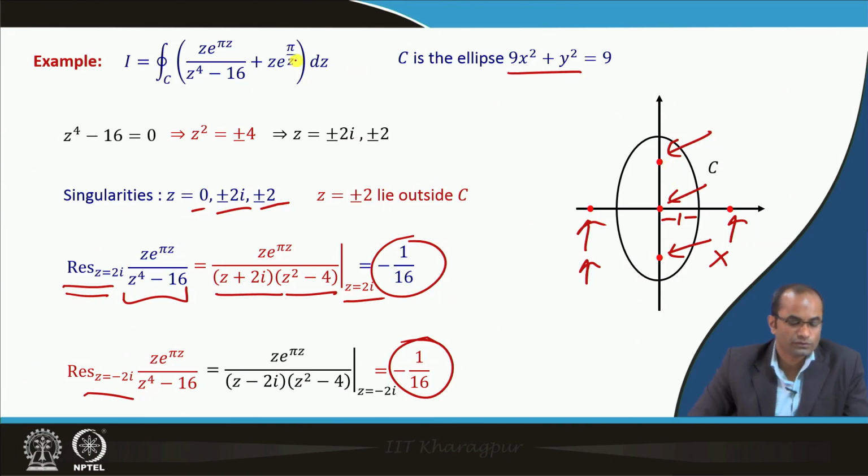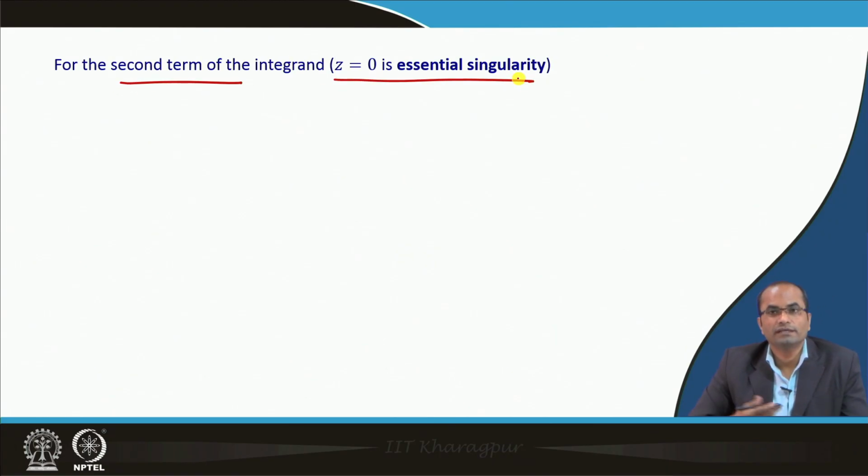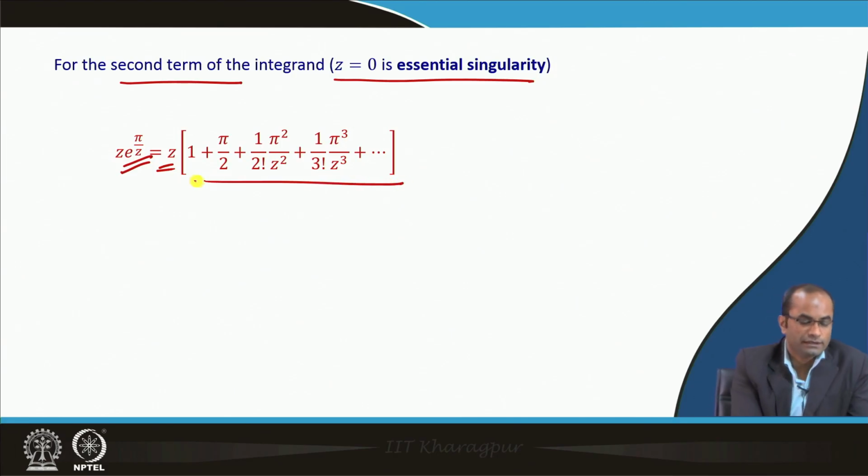z equal to 0 we also have to see, which is appearing in the second term, and this is an essential singularity, as it is appearing in e^(π/z). So, we have z, and then we have the expansion for e^(π/z).